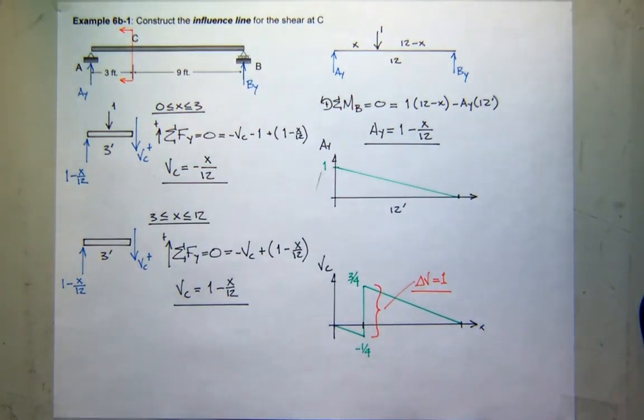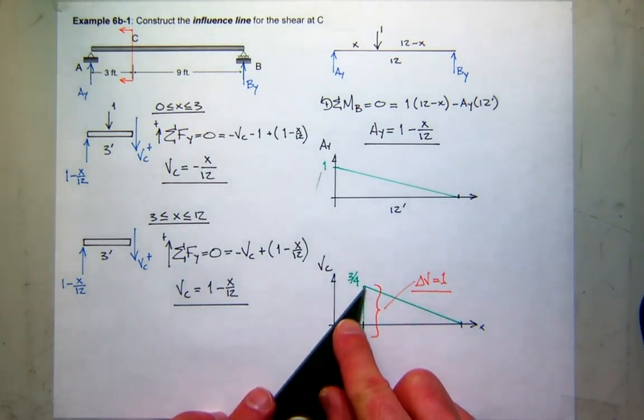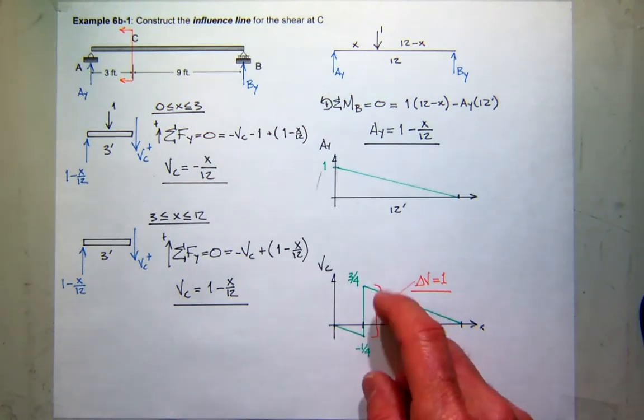So that says that as I approach C from the left side, when I'm just to the left of C, I'm creating negative 1/4 of my weight in shear. And just as I step past C, I jump up to positive 3/4 of my weight. There's an instantaneous change in shear.